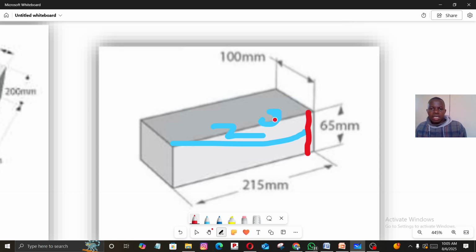If you add the mortar, the length will be around 220, and the height 100.